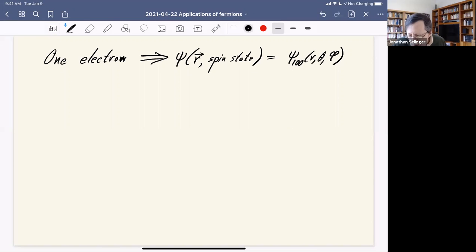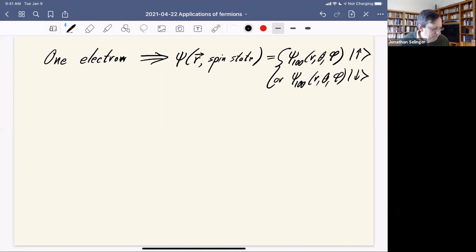That's how it depends on the vector r, on the position, and then it has a spin state, which might be up, or it might be psi 1, 0, 0 of r, theta, and phi times the spin state down.